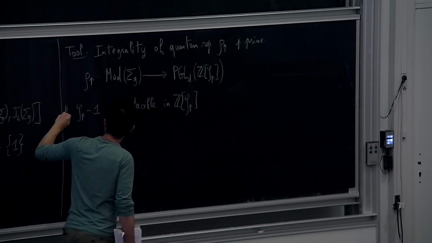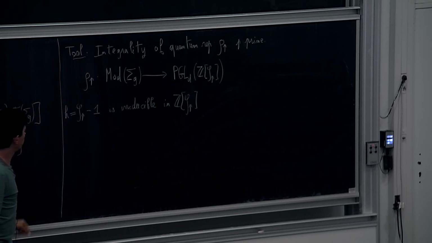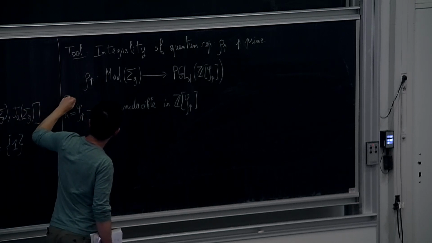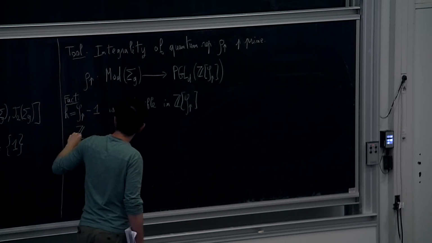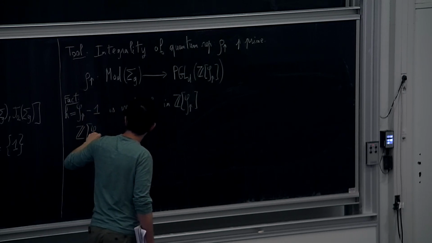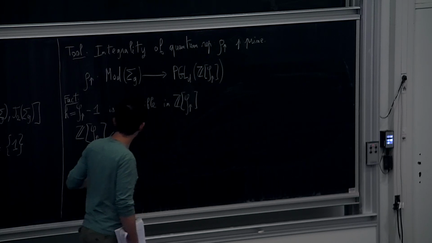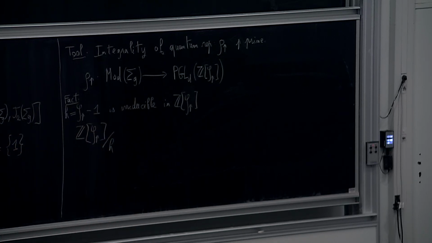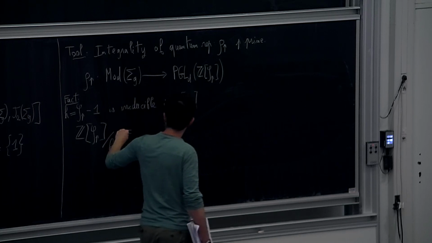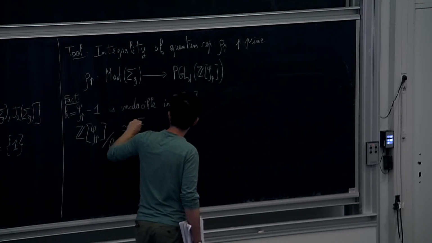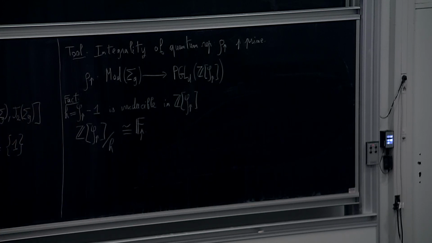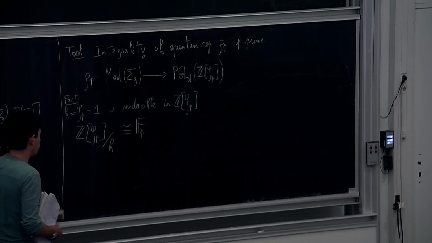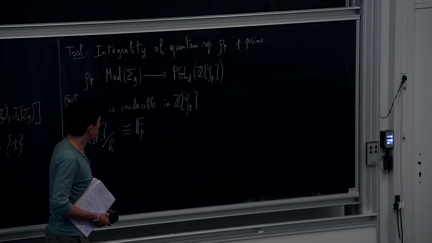And this guy I want to call h. It's another fact. And actually, you can show that when you quotient Z of zeta p by h, what you get is isomorphic to the field with p elements, Z over p. This is an elementary number theory fact.